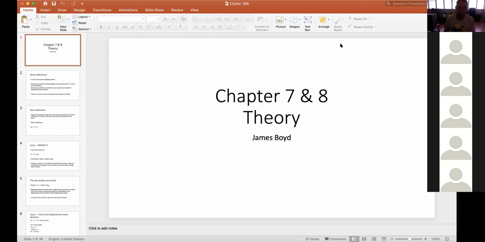So I'm going to get started by talking about work. And there's something called the work energy theorem, which is central to all of this. But to understand how we can use energy to find the motion, remember everything we do in this class is about motion.